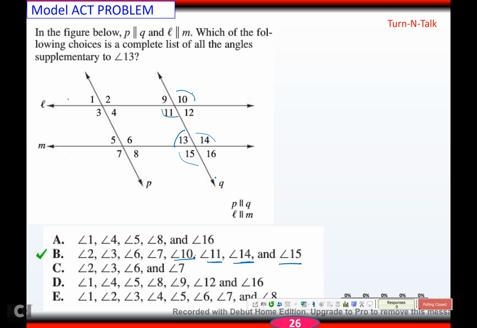Angle 7, if you look at the picture this way, 13 and 7, well, what's the relationship there? Well, what can I say about 7? Let's look at 2.